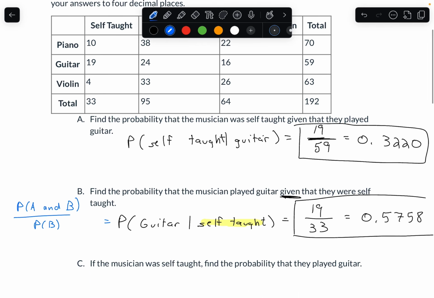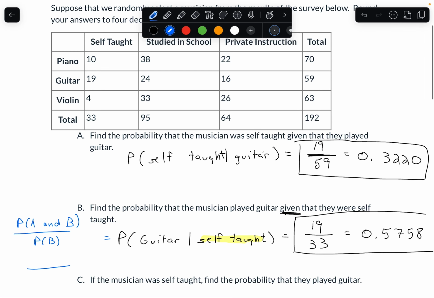So I would need, first of all, the probability that they play guitar and were self-taught. Well, there were 19 of those individuals out of my total of 192. So 19 out of 192. And then divided by the probability of B, the probability of my given, that's the probability that they were self-taught.